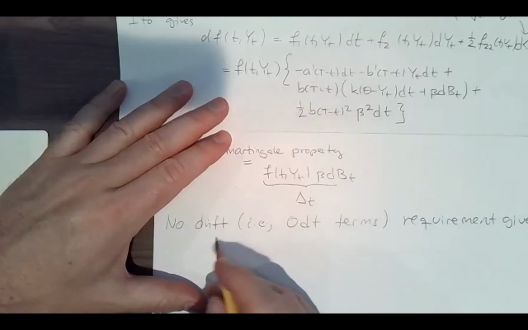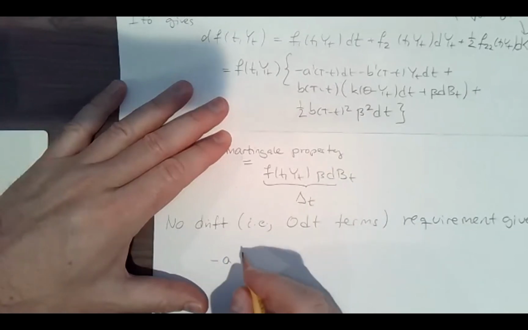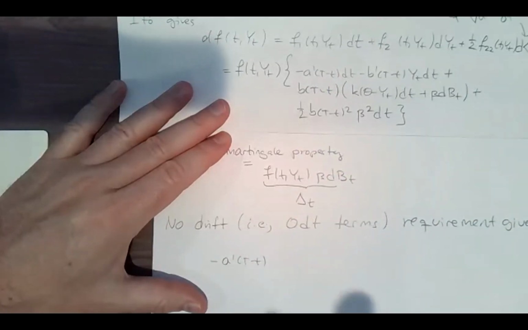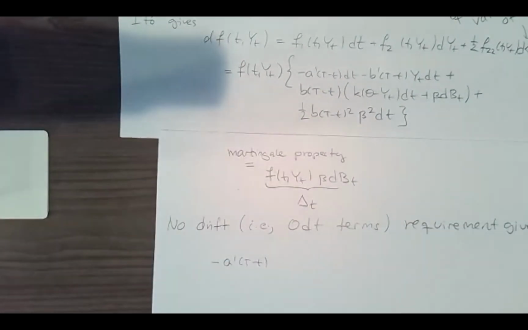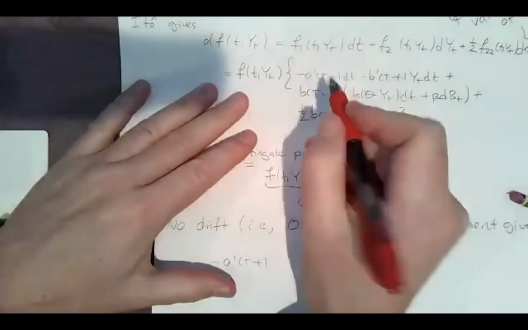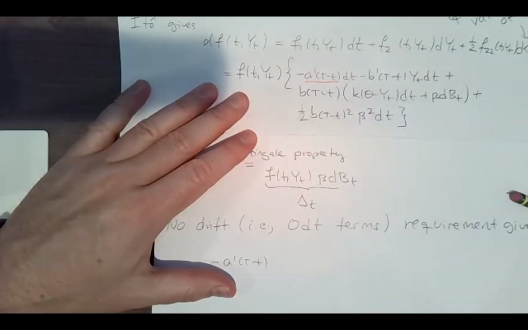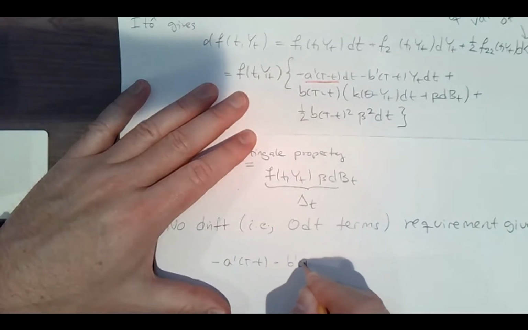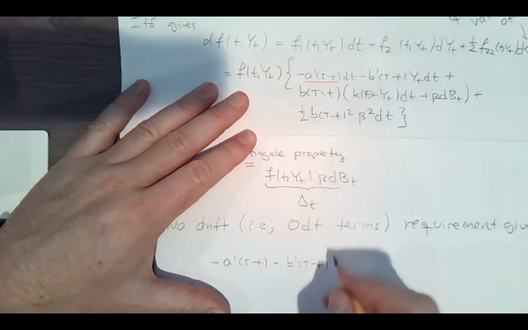We're going to have minus a prime of t minus t. That's one of them. So let me scratch them out as we go along. So that was the first one. There's also a minus a b prime, and then there's a y.